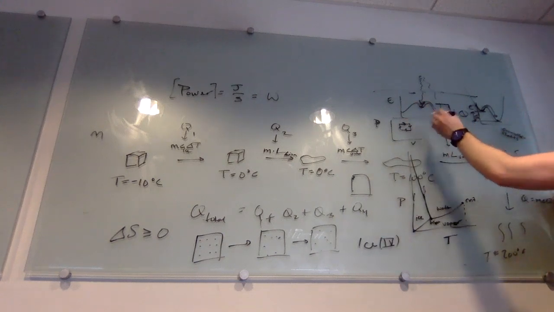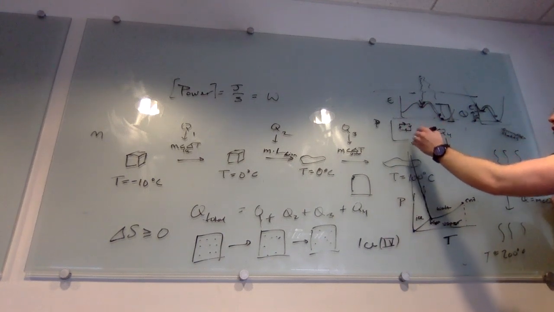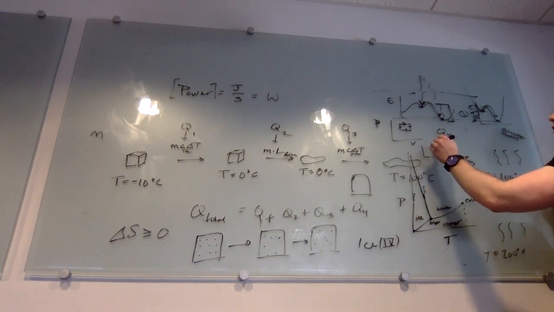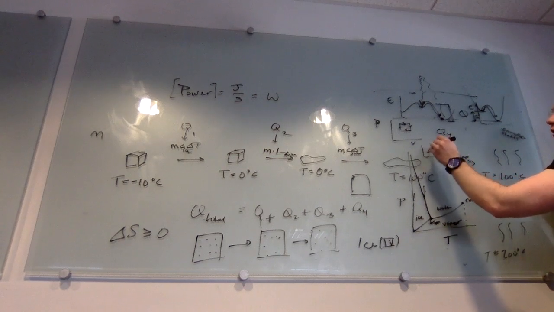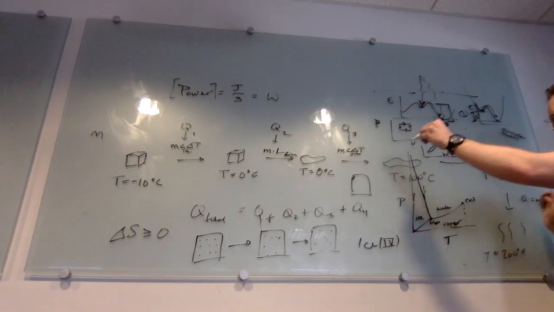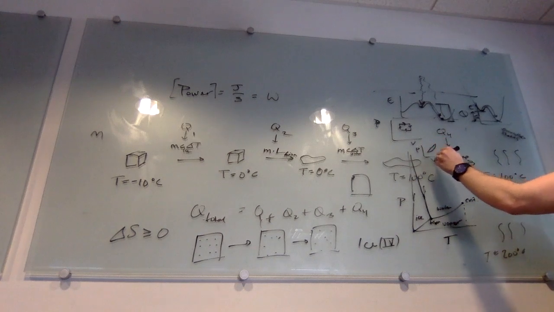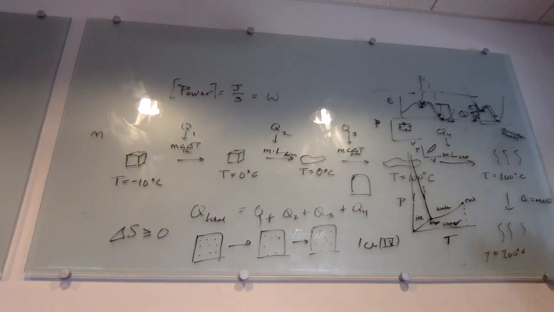The Carnot cycle has some parts that are adiabatic and some that are constant temperature, or isothermal, and it's easy to make something constant temperature.